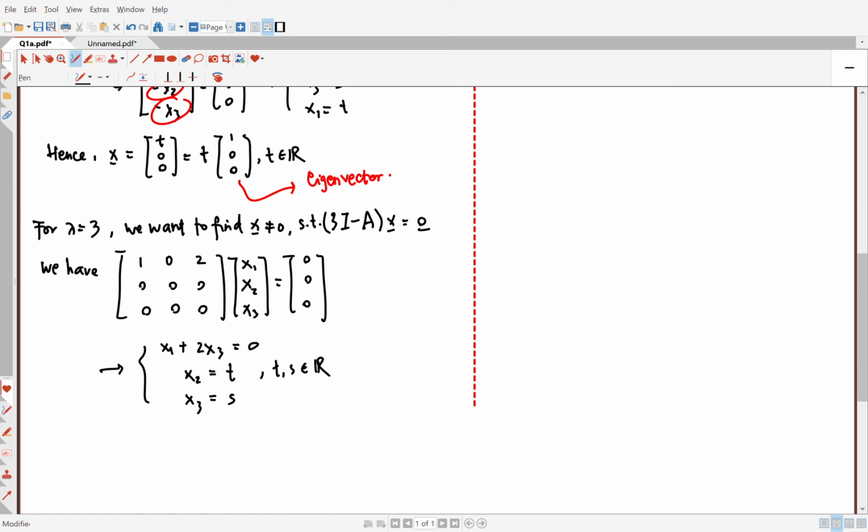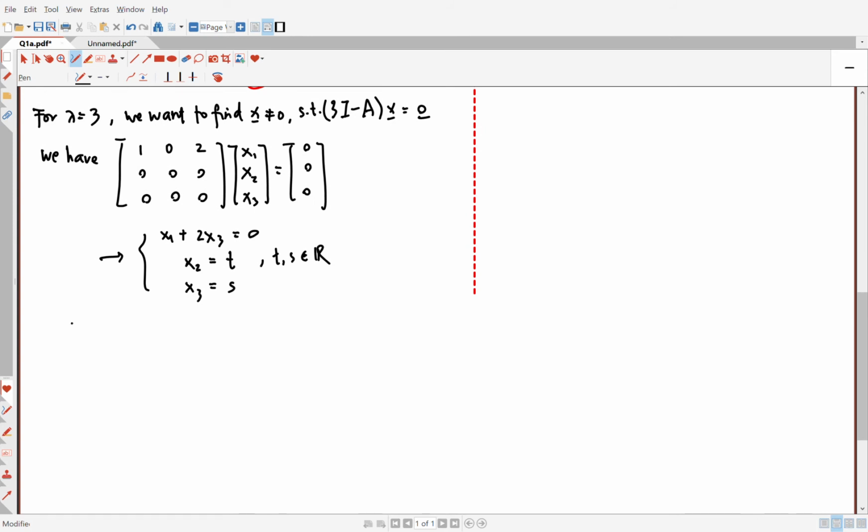Hence, my x is x1, which is minus 2 times x3, so minus 2s, and x2 is t, x3 is s.